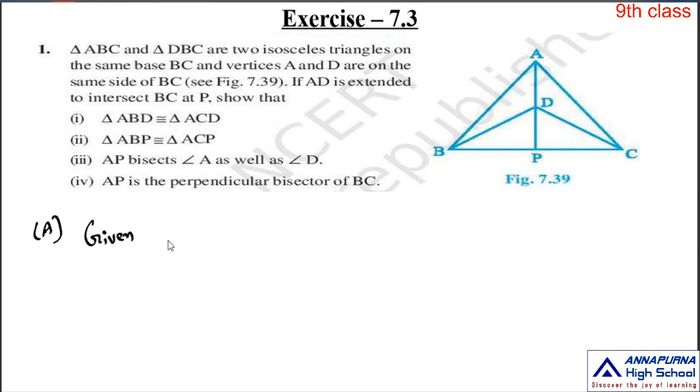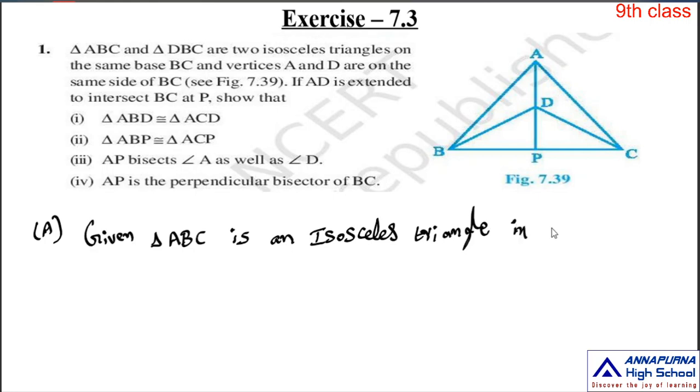Given, triangle ABC is an isosceles triangle in which AB is equal to AC.